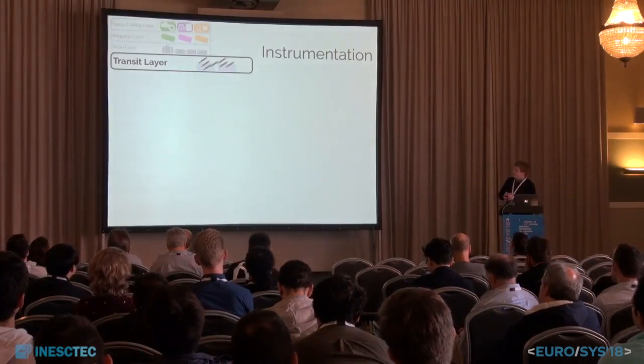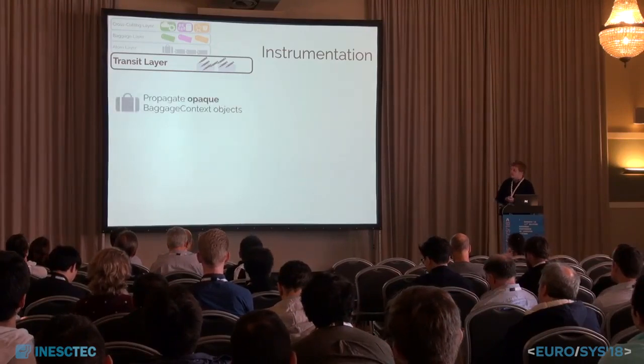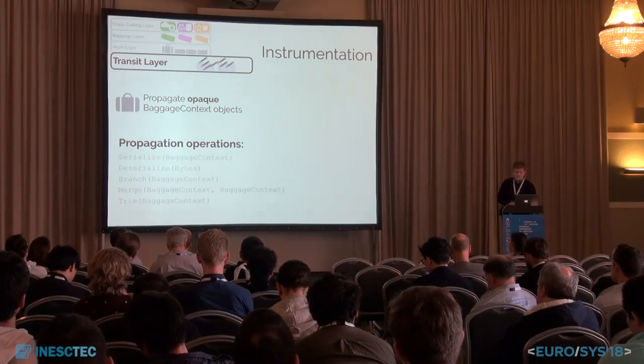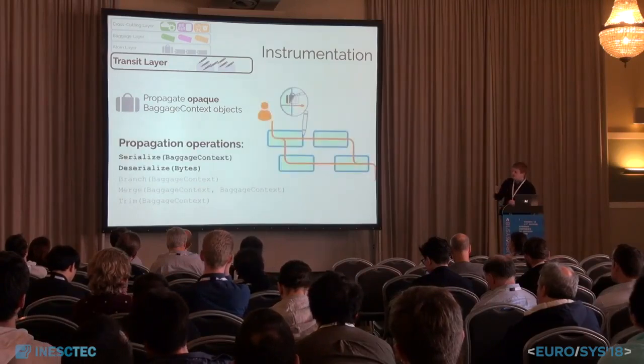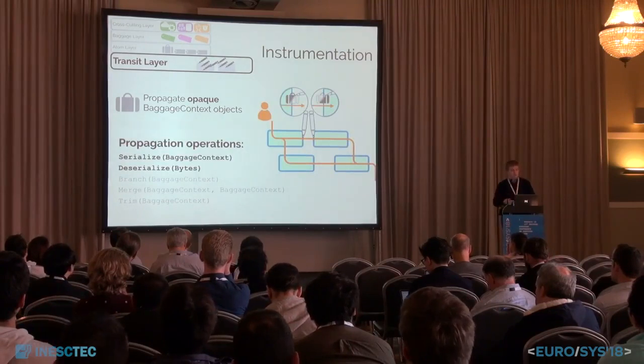So instrumentation for context propagation is encapsulated in what we call the transit layer. System developers instrument their systems to propagate opaque baggage context objects using an API of 5 propagation operations. Of these, serialize and deserialize simply convert baggage contexts to and from a wire format.